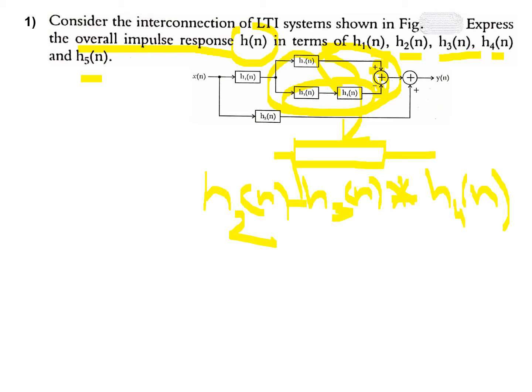See how I solve this problem step by step. Let us go to the first step. What I do is, first of all, I'll take care of these two, h3 of n, h4 of n. I'll connect as a single block by cascading, that is by using this formula, that is convolution. When the blocks are in cascade, the overall impulse response is the convolution between them.